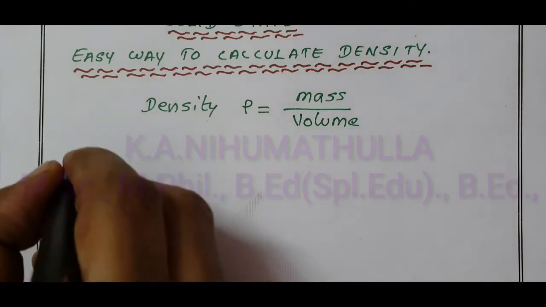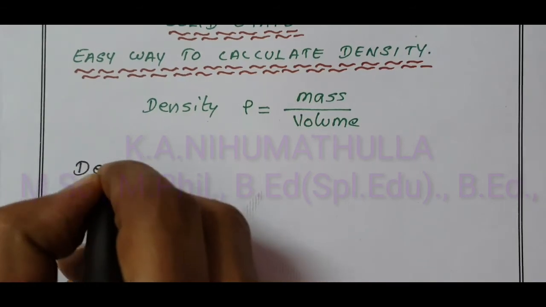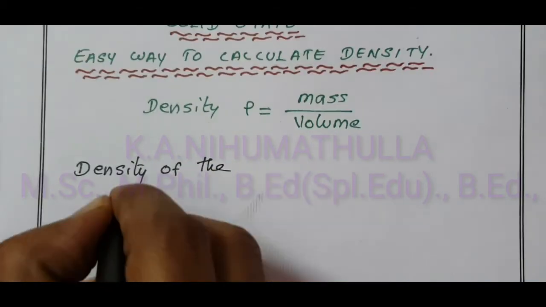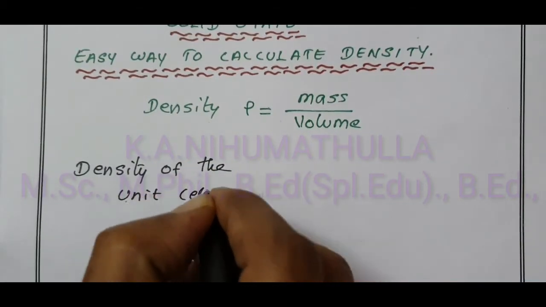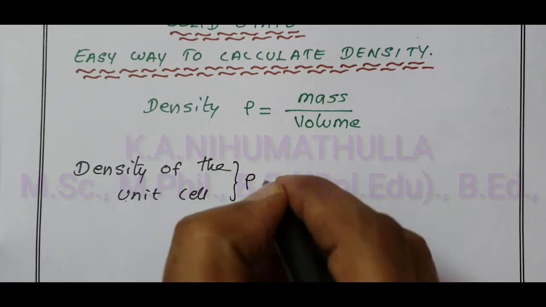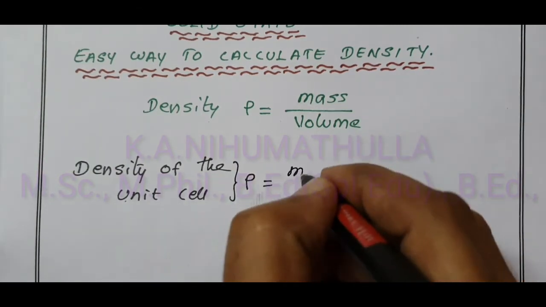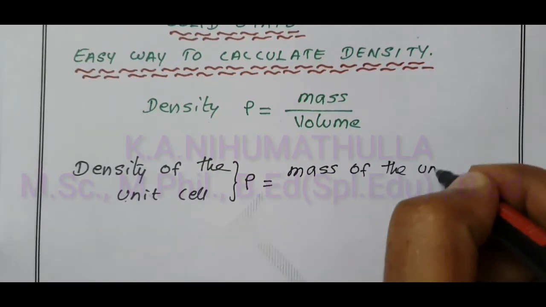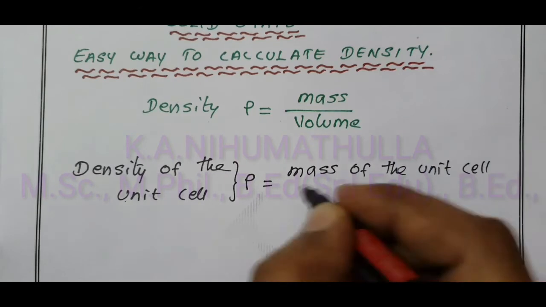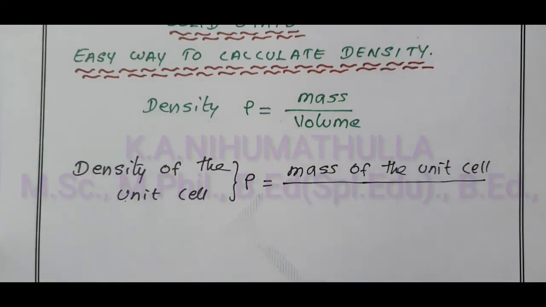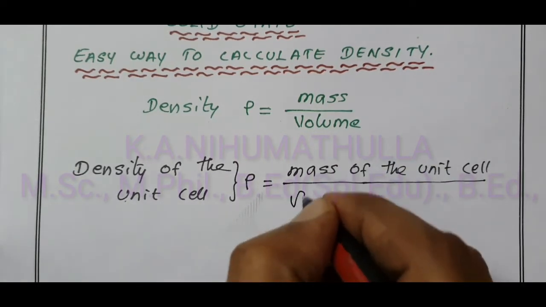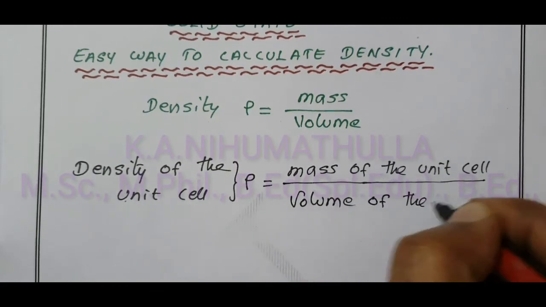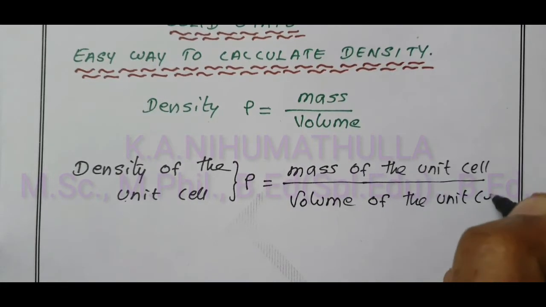That means density of the unit cell, not simply density. Density of the unit cell, rho, equal to mass of the unit cell divided by volume of the unit cell.